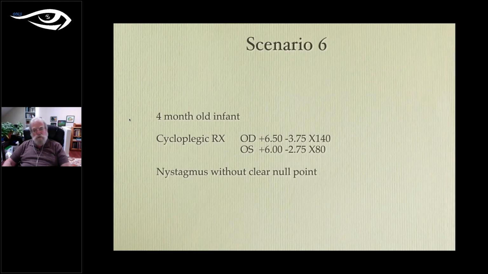I'm going to briefly touch on this particular one on the screen, and then I'm going to talk about an older kid, and then I'm going to talk more generally about ocular albinism, because I think it's really interesting. And in many ways, it is, for me, a synthesis of all the things that we as optometrists need to be thinking about beyond the obvious, apparent refractive problems that are in front of us.